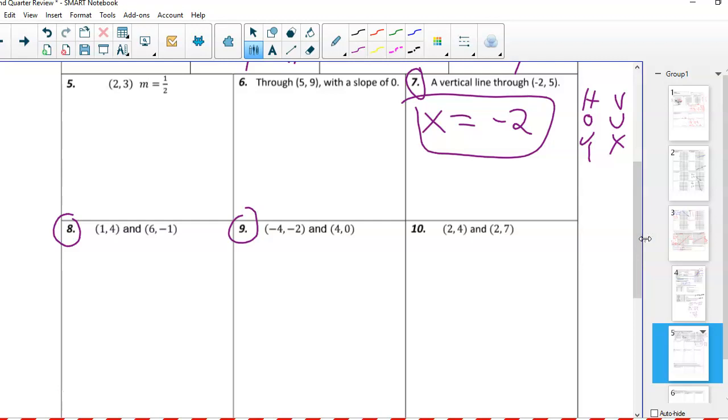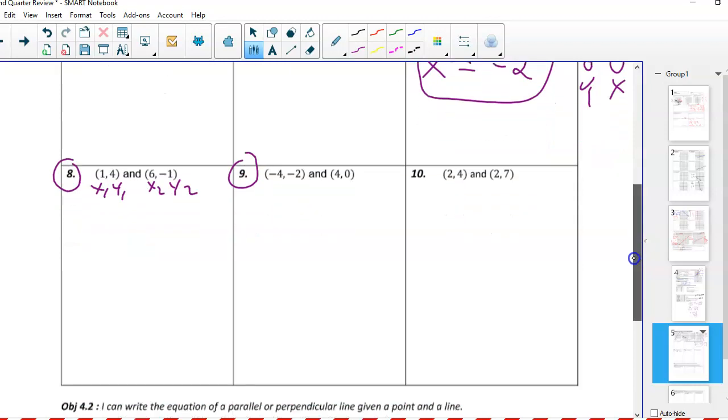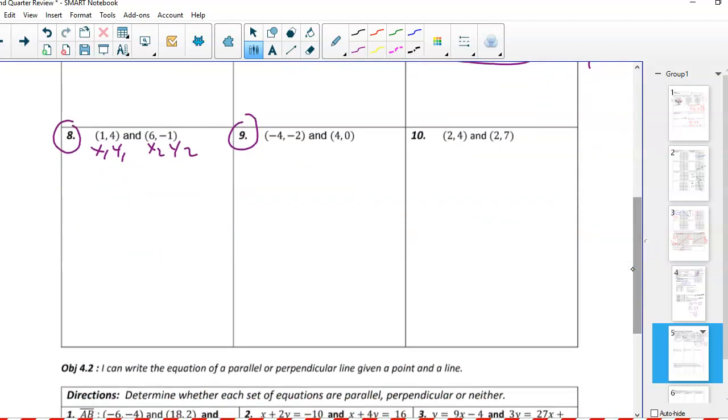For 8, we're given 2 points. That means we need to find our slope and find our y-intercept. So let's find our slope first by using y2 minus y1 over x2 minus x1.